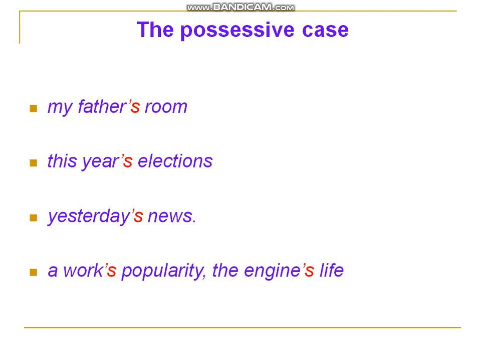It should also be noted that this limitation is not too strict and that there seems to be some tendency at work to use the S-genitive more extensively. For example, a work's popularity, the engine's life.